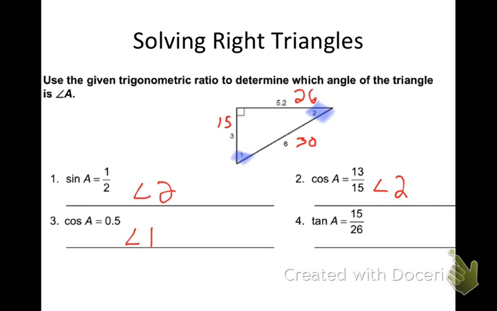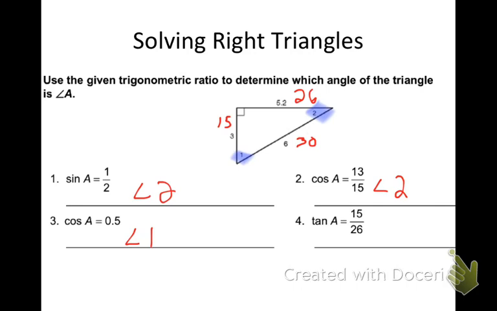And then the last one. Which one would give me the tangent of 15 over 26? Tangent, remember, is opposite over adjacent. So which one is tangent 15 over 26? Is that 1 or 2, Drew? You got a 50-50 shot.